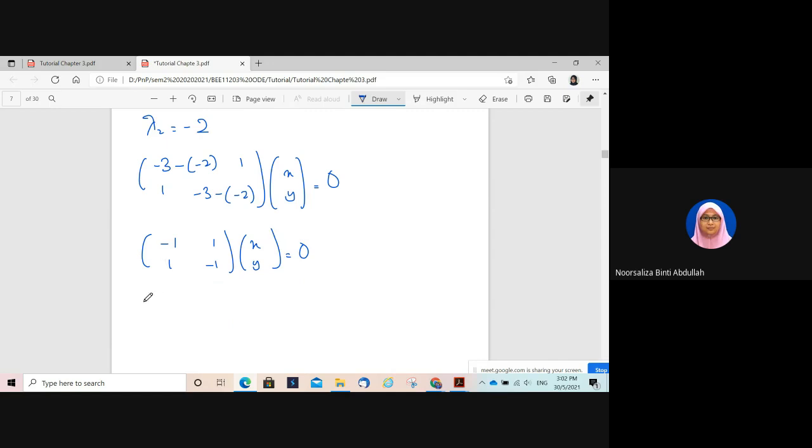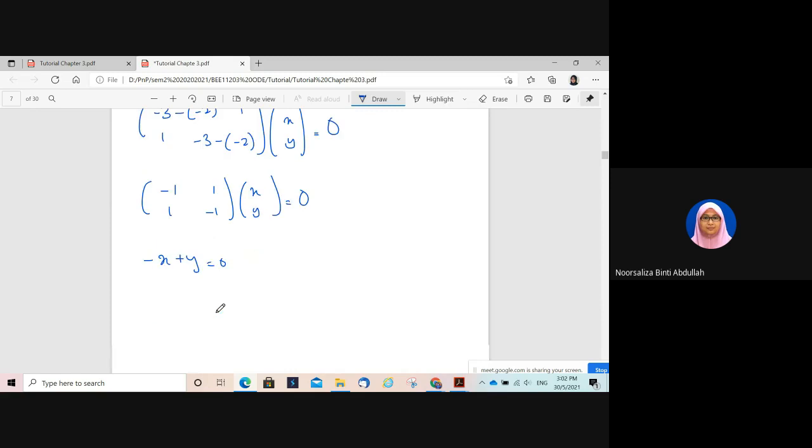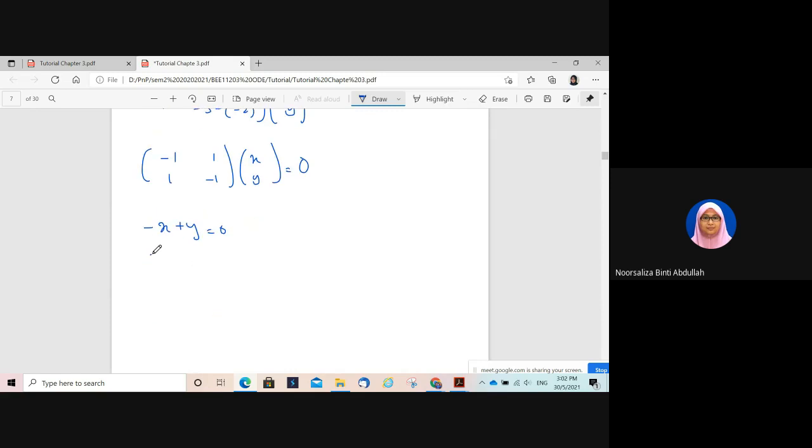Now we have minus x plus y equals to 0. So let's say x equals to s, then your y equals to s also. Then your eigenvector 2, from lambda 2, is equals to 1, 1.